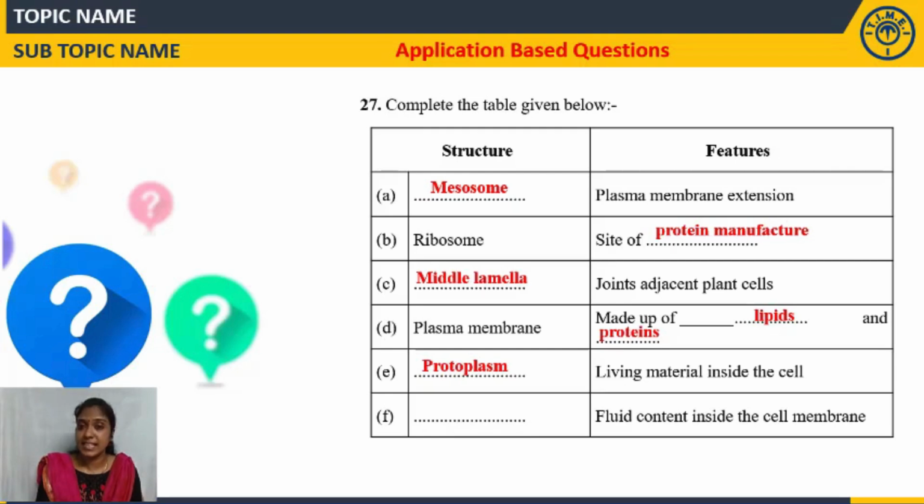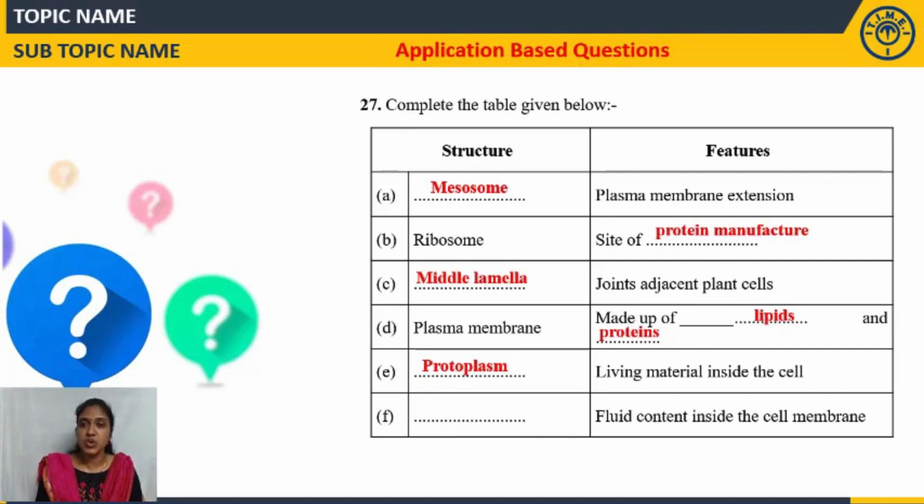Then next question F. Fluid content inside the cell membrane. So inside the cell membrane, the fluid content. Apart from cell organelles and nucleus, what is the fluid content? It is the cytoplasm. So we can make a formula like this. Protoplasm is equal to cytoplasm plus cell organelles plus nucleus.